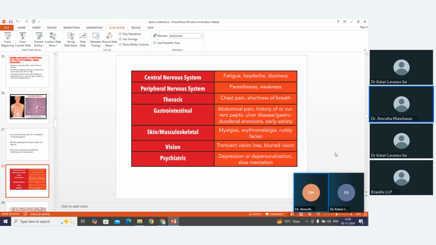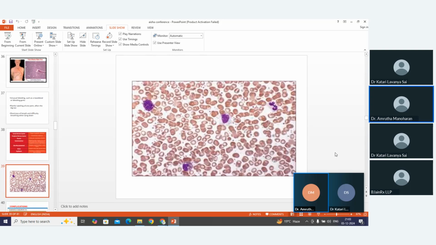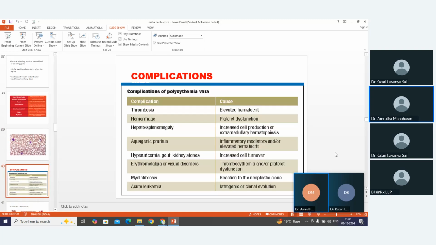On the central nervous system, for polycythemia, we have fatigue, headache, and dizziness. On the peripheral nervous system, paresthesia and weakness. On the thoracic region, chest pain and shortness of breath. On the gastrointestinal system, the main symptoms include abdominal pain, history of recurrent peptic ulcer disease, gastroduodenal irritation, and early satiety.